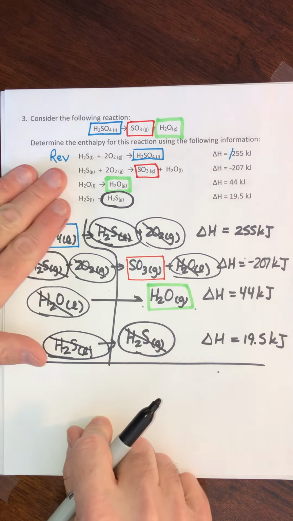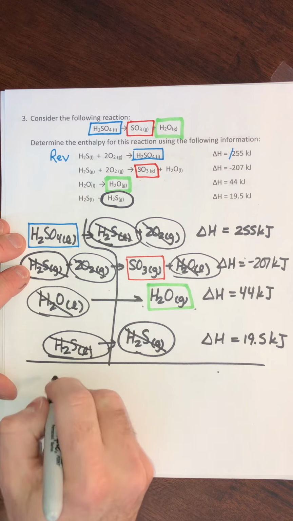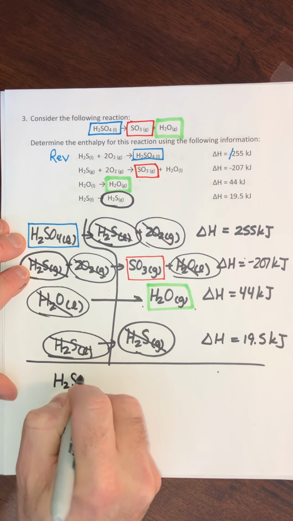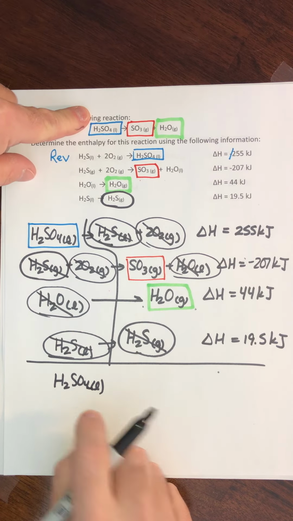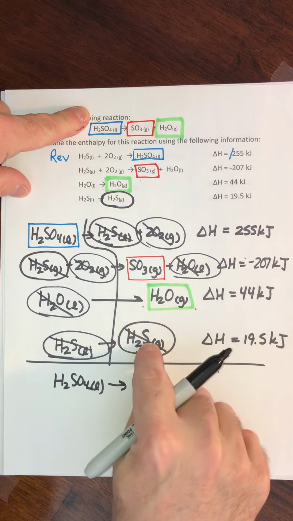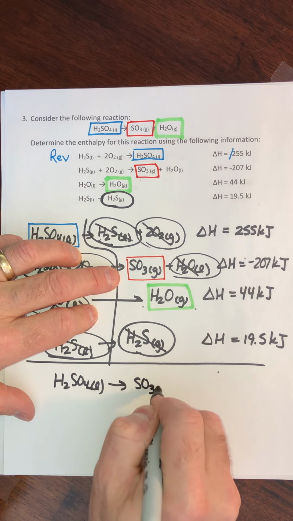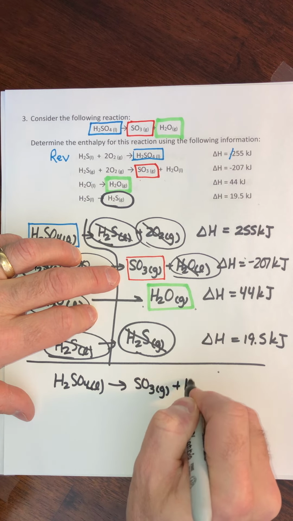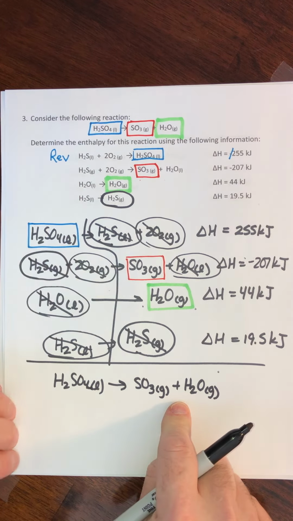If you look through at the reactant side, everything has canceled except H2SO4 liquid, which is what I wanted. If you look through the product side, cancel, cancel, cancel, cancel. The only two things left are SO3 gas and H2O gas, which again is two things I want.